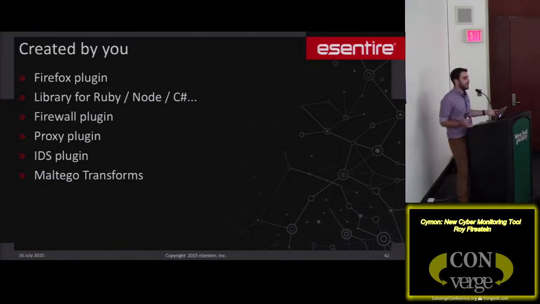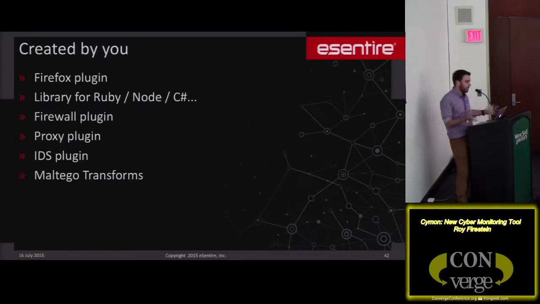But if you want to write one for Ruby or Node or something, please, I invite you. Let's build it up. Firewall plugins, proxy plugins, like if you have a corporate proxy, it'd be amazing if you could automatically strip everything, or at the very least, warn you when people go to sites that were reported as malicious.